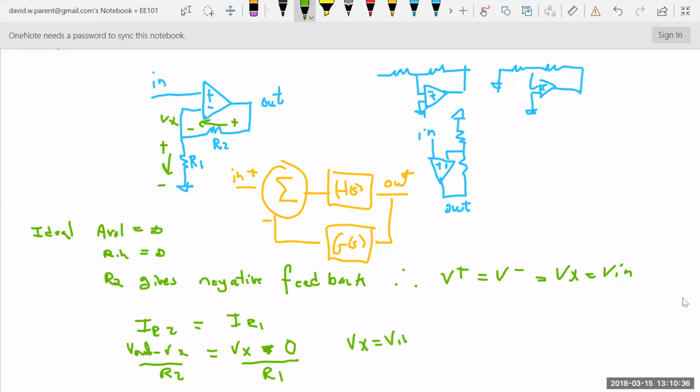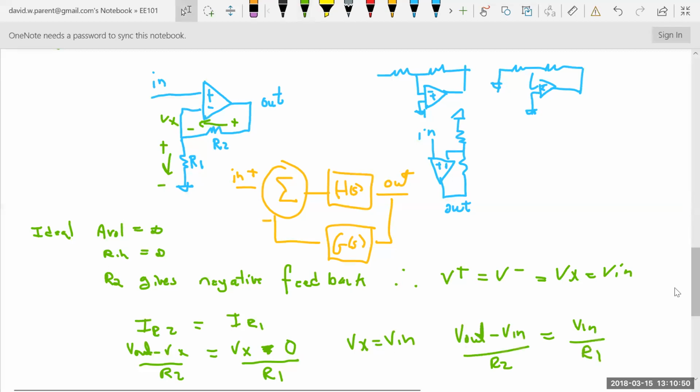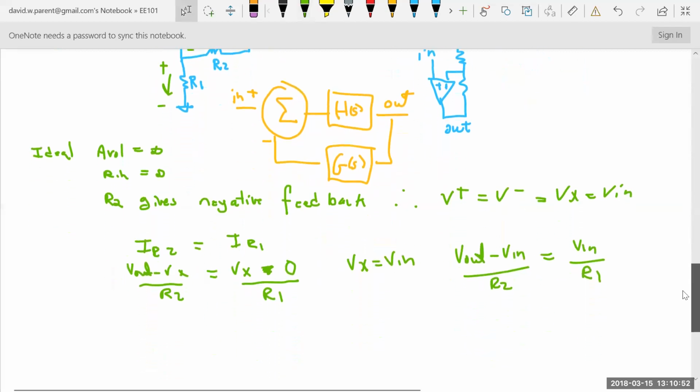Vx equals Vn, so substitute. V out minus Vn over R2 equals Vn divided by R1. So let's combine terms.